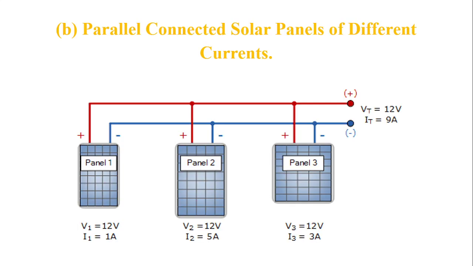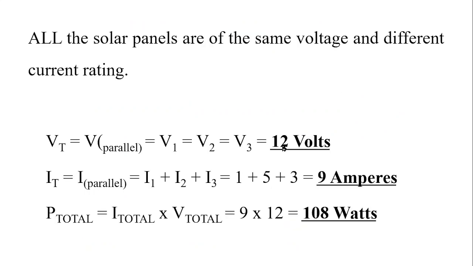Then we'll go to condition number 2, parallel connected solar panels of different current. So you can see panel 1 is rated 12 volts 1 amp, panel 2 is rated 12 volts 5 amp, and panel 3 is rated 12 volts 3 amps. So the calculation is still the same thing. Since all the panel voltages are the same, we take the voltage rating of one of the panels.